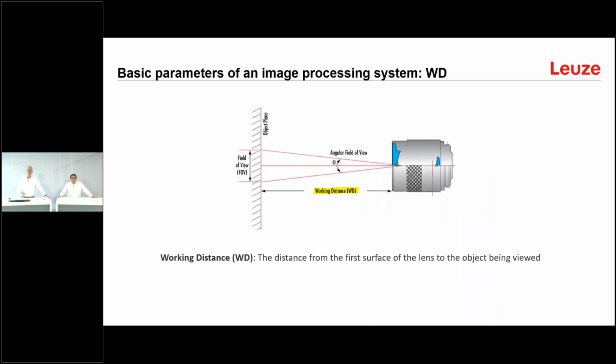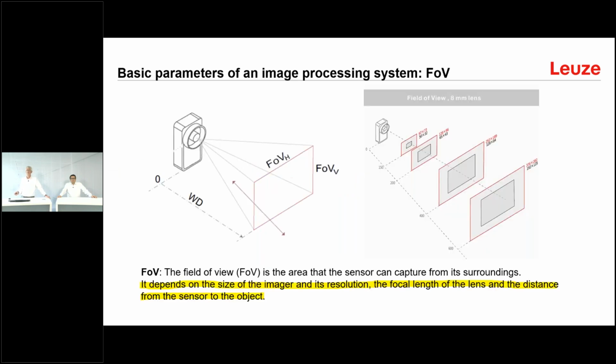So now let's look first at the working distance, and you see the working distance is mentioned here. This is the distance from the lens to the object plane, and you see there is always an opening angle. Maybe you know this already. The opening angle is always the same, but if you are far, the field of view, the image which you can capture, is larger than if you are close to the camera.